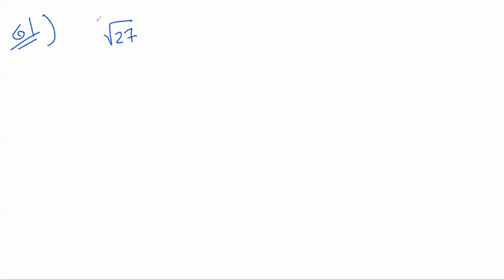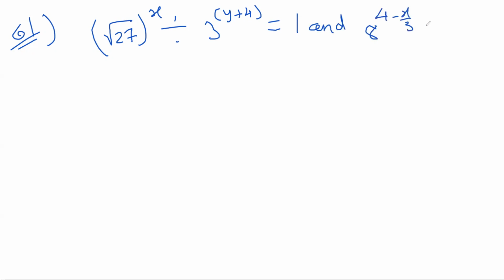Root 27 raised to x divided by 3 raised to y plus 4. Give brackets as far as possible. And this will be 8 raised to 4 minus x by 3 minus 16 raised to y equal to 0. Okay. Try to get an equation in x and y.